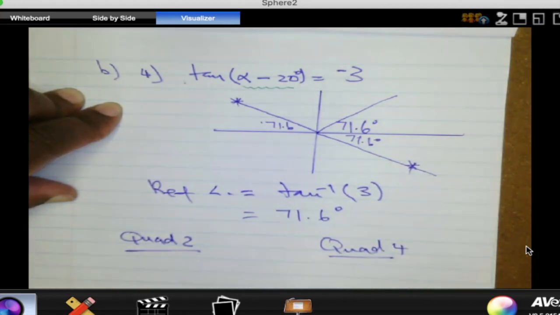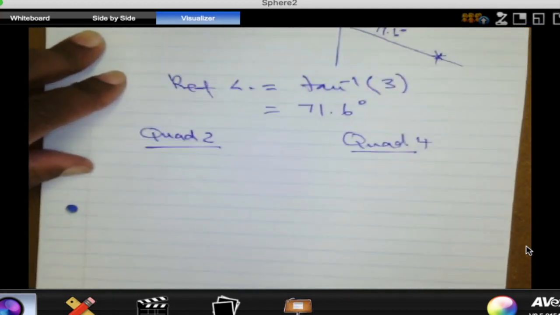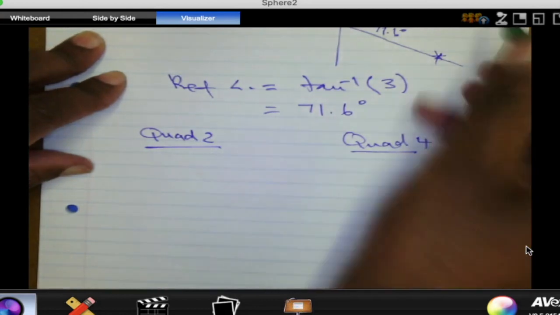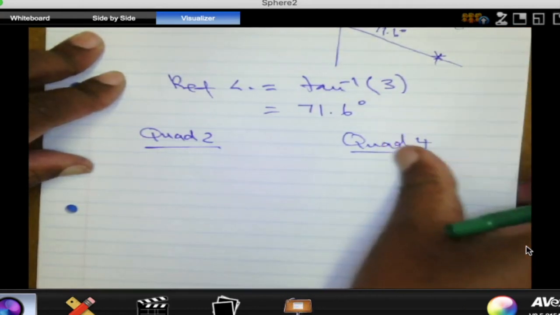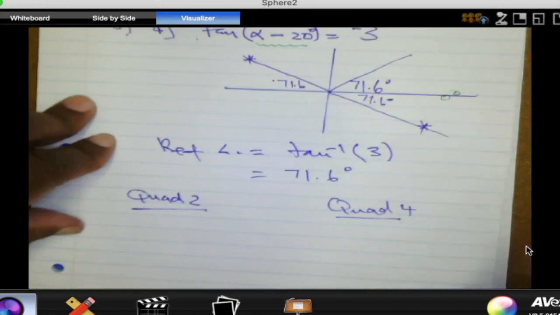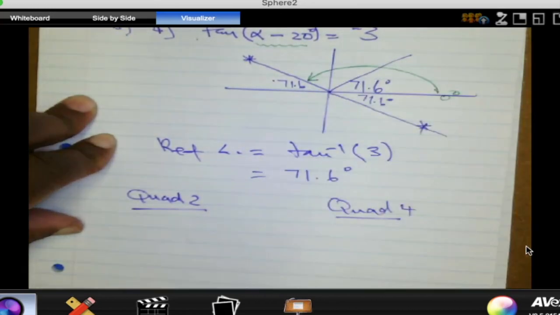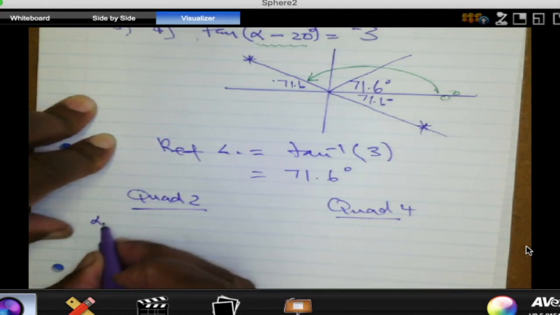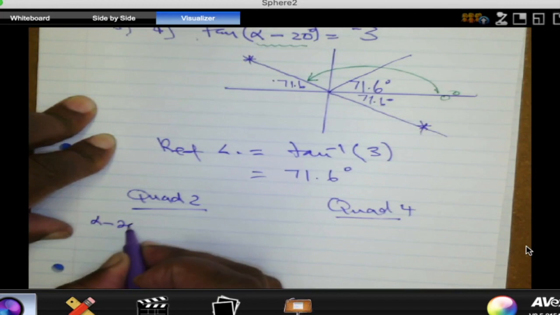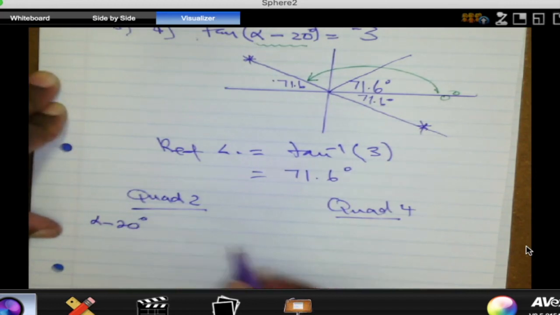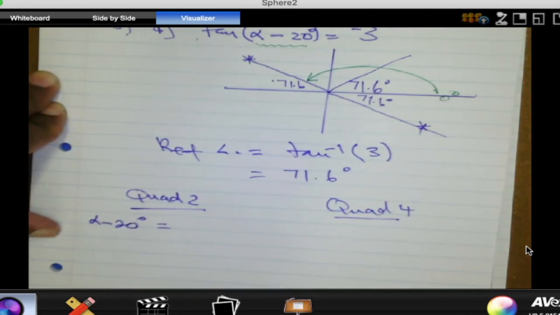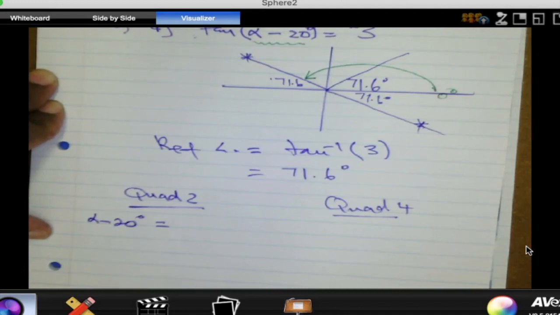Let's start with quad 2. Starting from 0 degrees, this is the angle we are looking for. Please take note, that angle there will be the value of alpha minus 20.